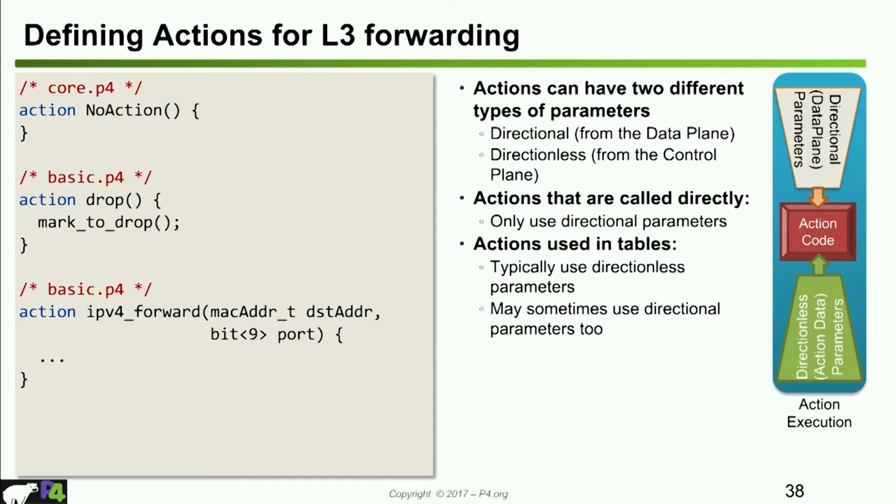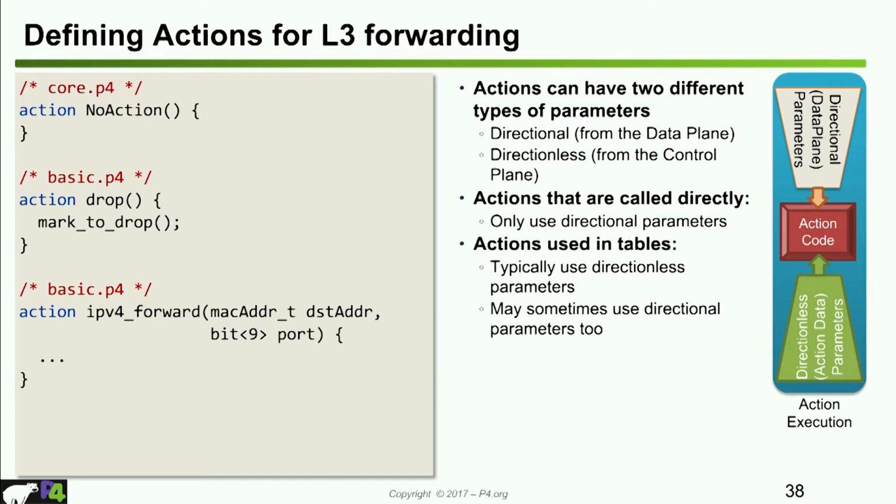So let's talk about actions. You already saw that actions could be invoked directly from the apply statement. And based on the discussion we just had about tables, you're probably already aware that tables can invoke actions as well. As a result, actions have two different types of parameters that correspond to these two different ways of being invoked. Directional parameters are those that are provided by the data plane.